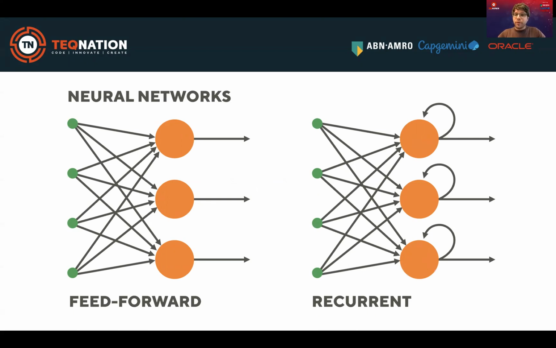When you're using a feed-forward neural network, you can only look at the next words. So your prediction is only about the next word within a sentence you want to generate. The problem with this is you cannot go back in time.